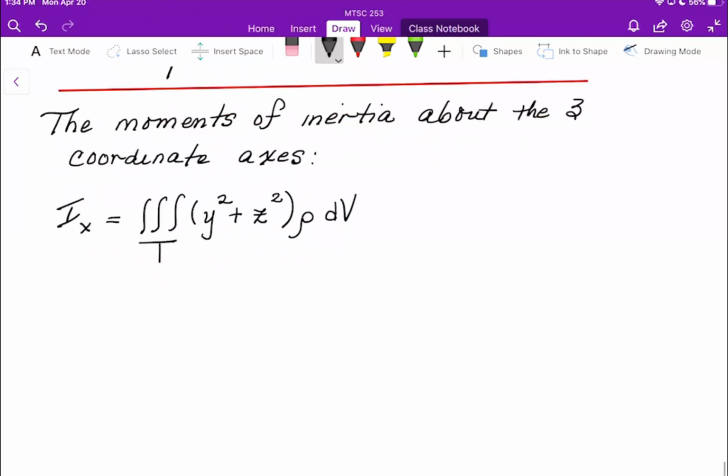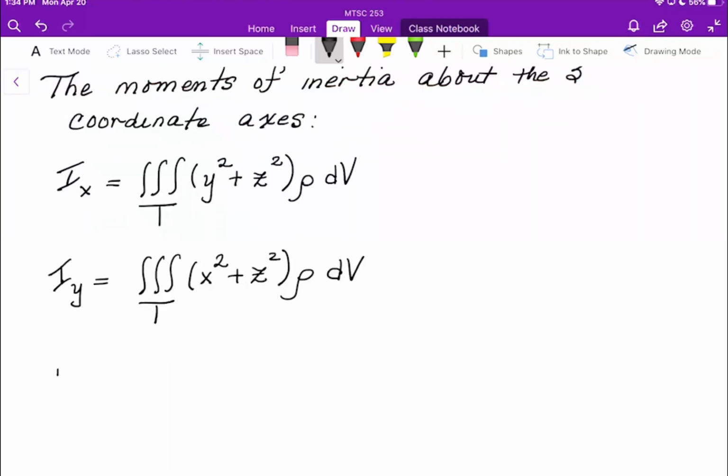So you can see these integrals can get pretty thick. Iy is going to be x squared plus z squared, and Iz is x squared plus y squared.